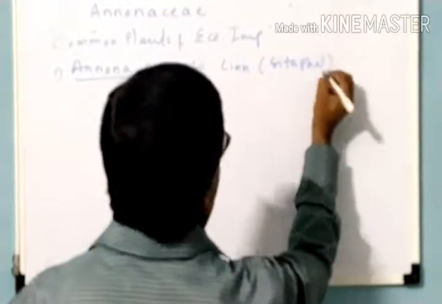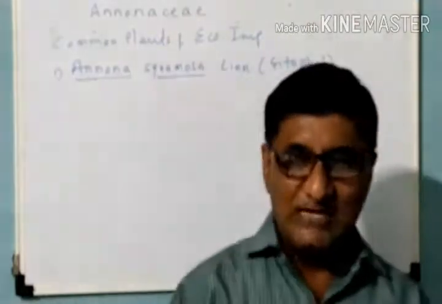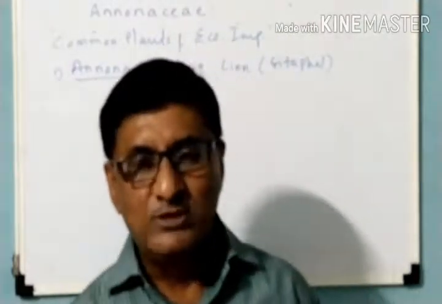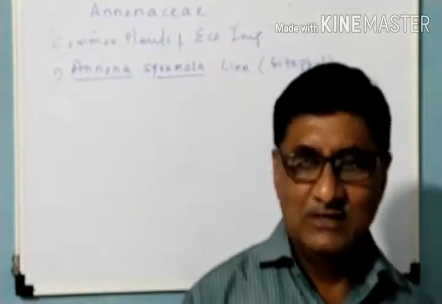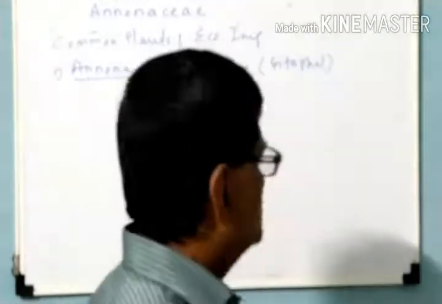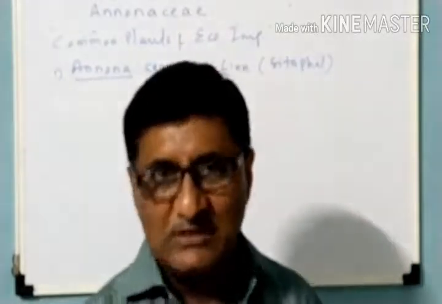You know the different uses of sitafal. The sitafal produces edible fruit. When that fruit is ripe, it can be eaten throughout the world and in the country. That fruit is very tasty and very famous.